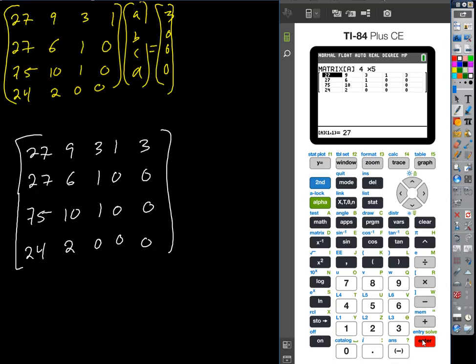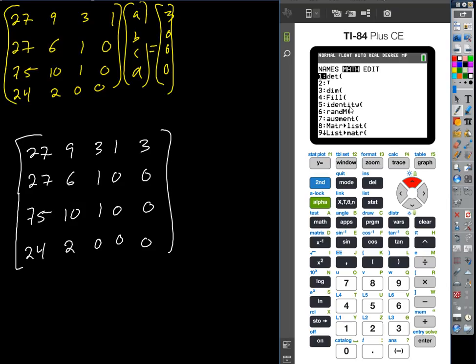Now all you have to do is quit. We're going to go back into the matrix menu and scoot over to the math menu in the matrix screen. Instead of going all the way down, just hit the up arrow to go up from the bottom. We're going to go to what's called reduced row echelon form.